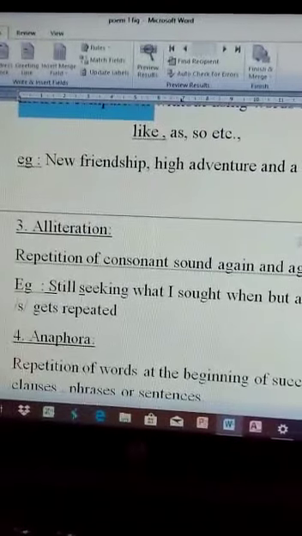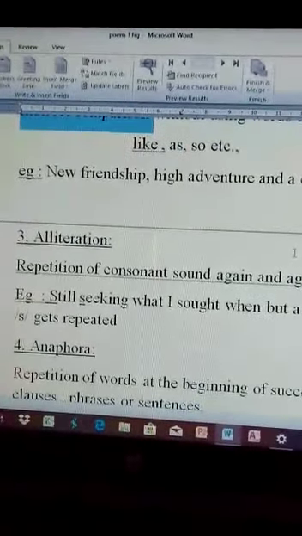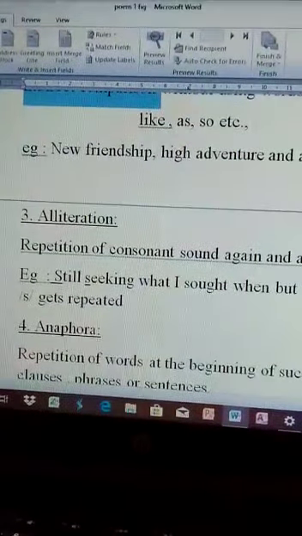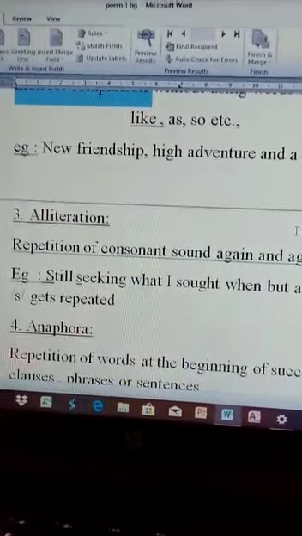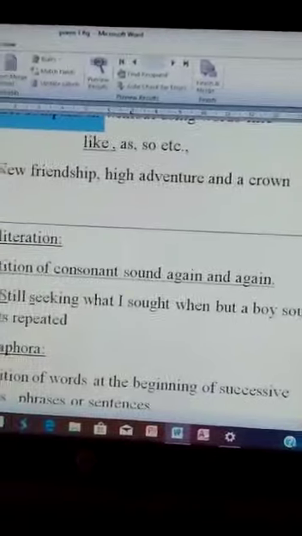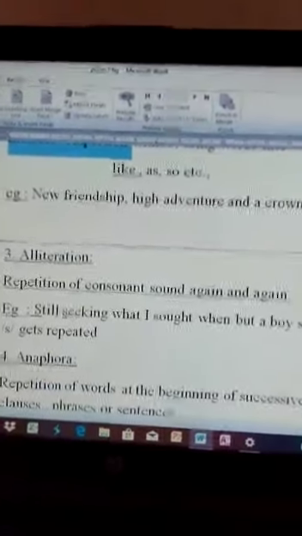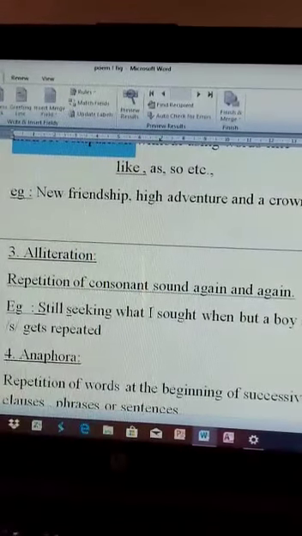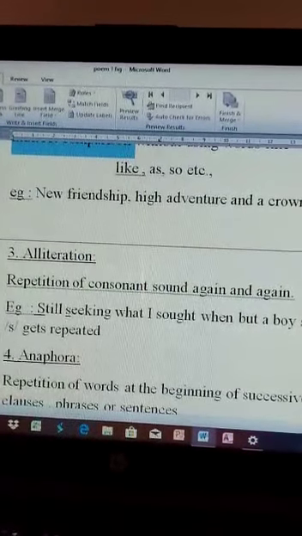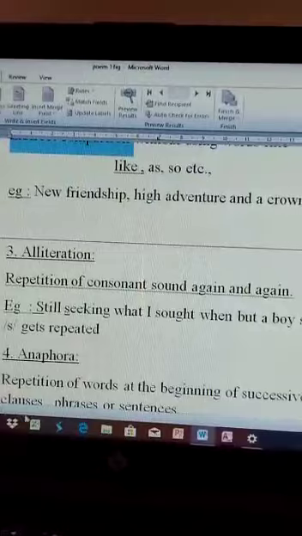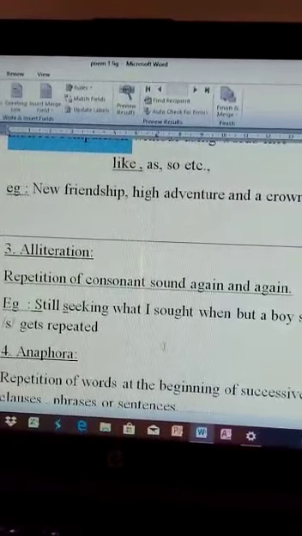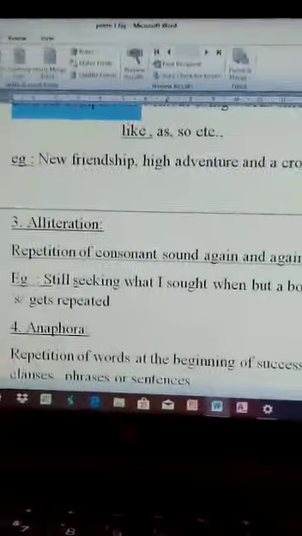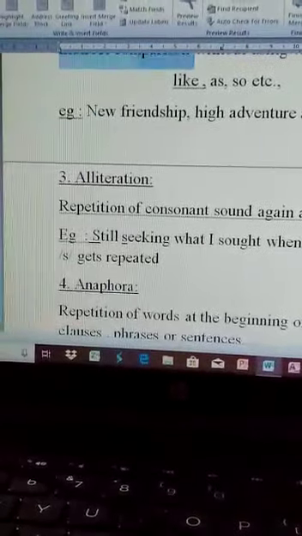The next one is alliteration. Alliteration is nothing but repetition of a consonant sound again and again. For example, the line we are using here is "Still seeking what I sought when but a boy."